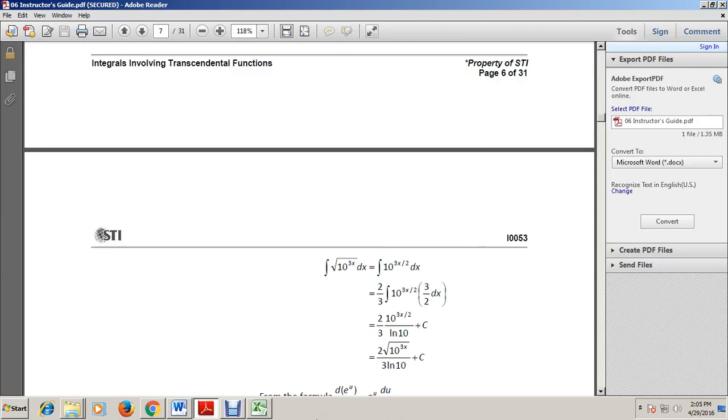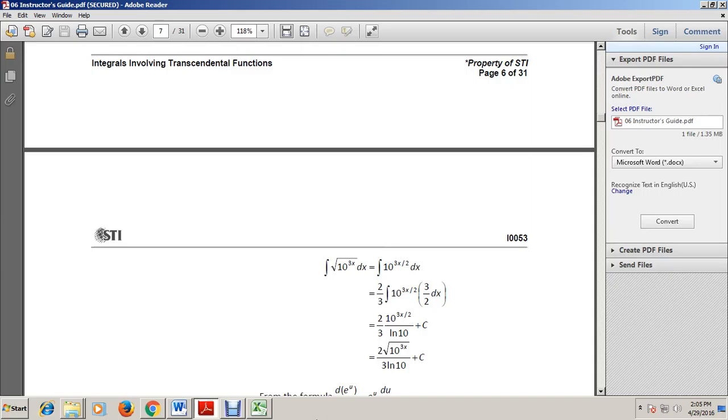In the next step, let us replace the original integral of 10 raised to 3x over 2 dx by the integral of 10 raised to u times 2/3 du. Inside your integrand, you have the constant 2/3.